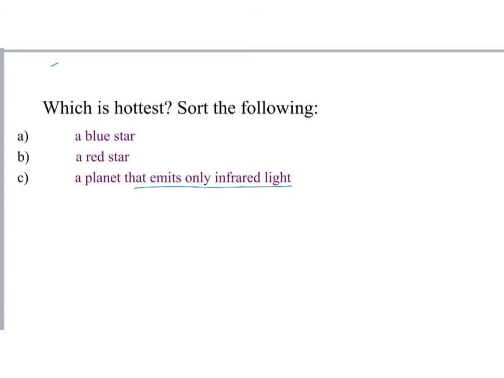Okay, so basically we're seeing a blue that is shorter wavelength, okay, because it's the blue end of visible, and then we have longer wavelength because it's the red end of the visible spectrum, remember?